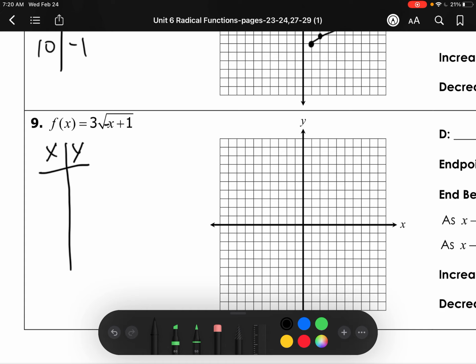You can plug in negative 1 for x now, because negative 1 plus 1 would give you 0, and you can take the square root of 0. So that is your starting point, negative 1. If you were to plug in negative 1, this would turn into 3 times the square root of negative 1 plus 1. And this becomes 3 times the square root of 0. Square root of 0 is 0, right? So then 3 times 0 is 0.